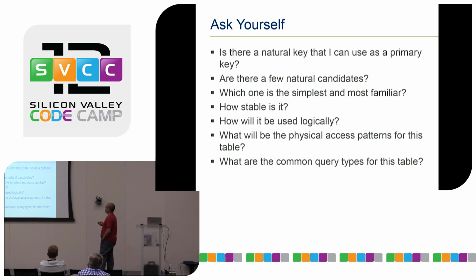Are there a few natural candidates? In many cases, there will be. In that case, you start asking yourself, which one is the simplest and most familiar, meaning it has the most chances of appearing in queries and reports? If you use that one, you're going to eliminate the most joins. How stable is it?